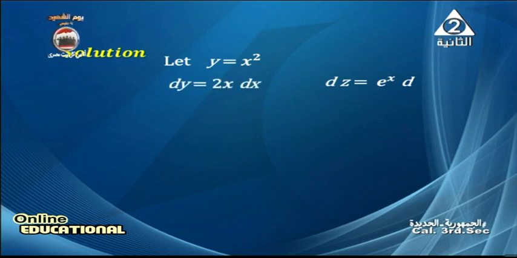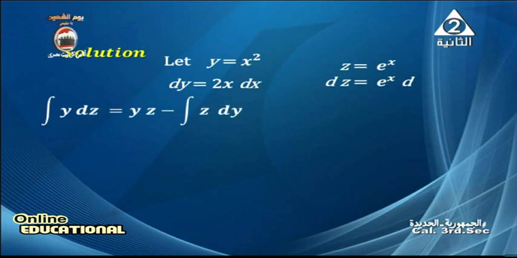The differential of y equals x power 2 is dy equals 2x dx, and the integration of dz equals e power x dx is z equals e to the power x. Now, what is the integration of y dz? By parts, the integration equals yz minus integration z dy.